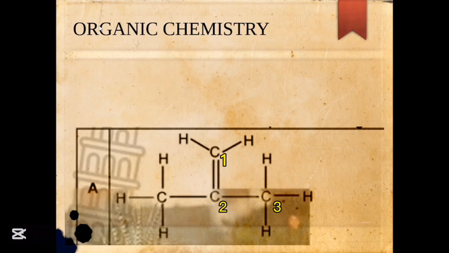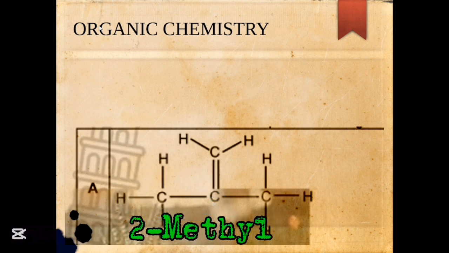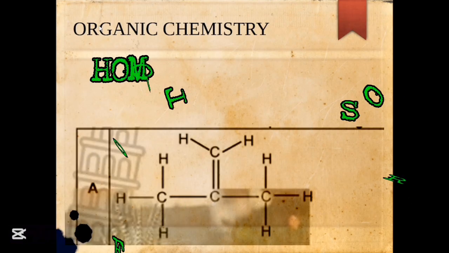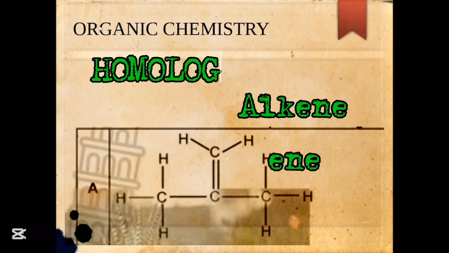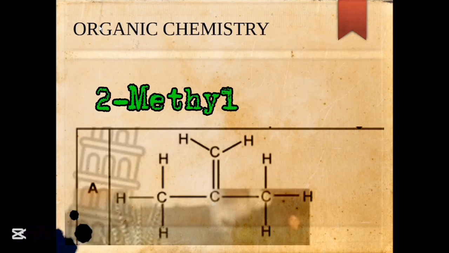And then we already know that the homologous series of this is an alkene, and it has one branch on carbon number 2, written as 2-methyl. So its homologous series is an alkene, and then we know that it is propene. So its full name will then be 2-methylpropene.